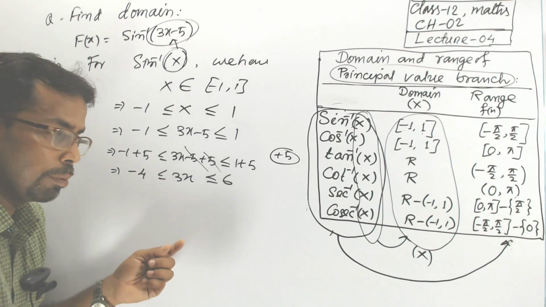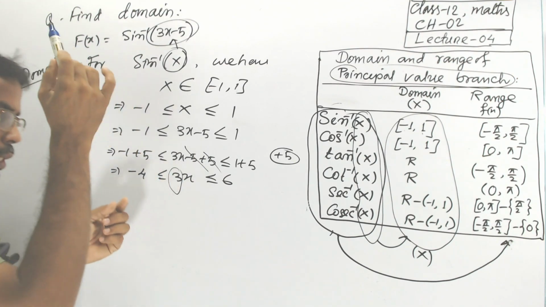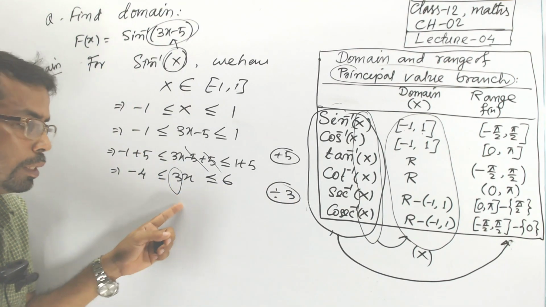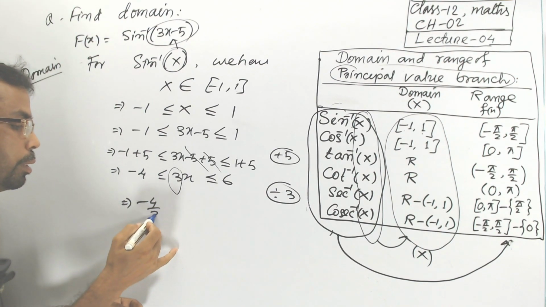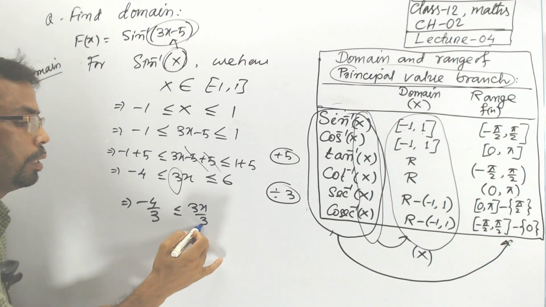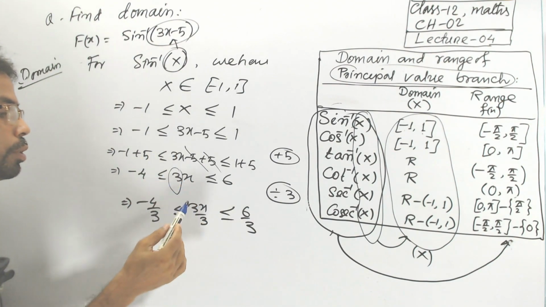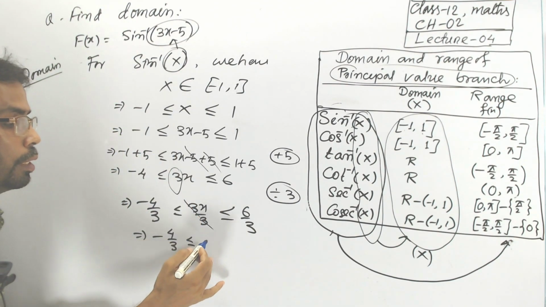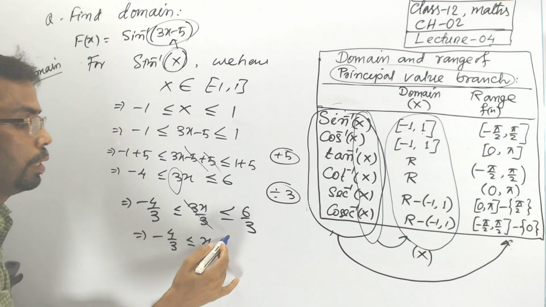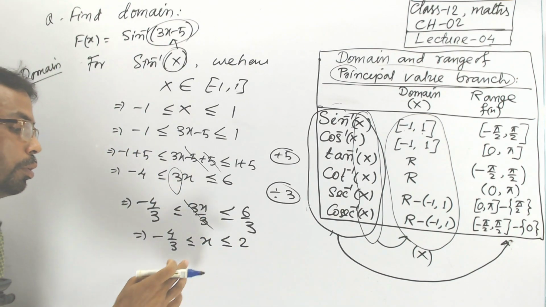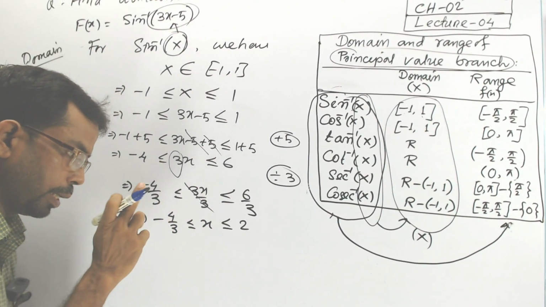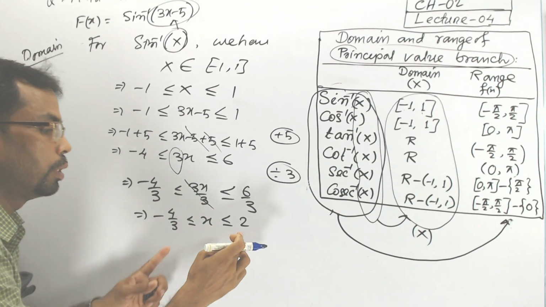The second step, I must remove this 3, and to remove this 3 each term must be divided by 3. So divide by 3, divided by 3, divided by 3. So this 3 is getting cancelled, x is becoming free, and whatever I got is the domain. Domain means, remember, the set of all possible values of x, and clearly x must be between these two numbers.